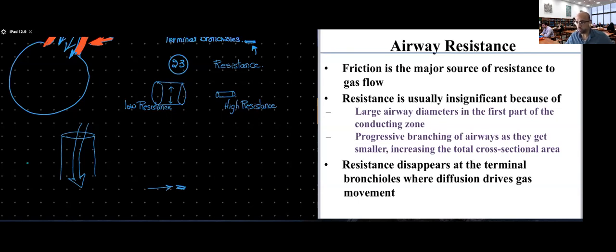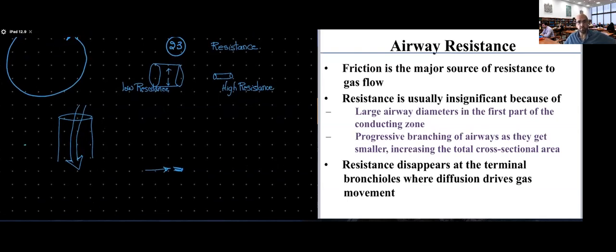But why don't I feel that there is any resistance for the air to flow into my lungs? There are so many of them, exactly. So you have millions and millions of those terminal bronchioles. So which one has a greater diameter, your terminal bronchioles or your trachea? What do you think?